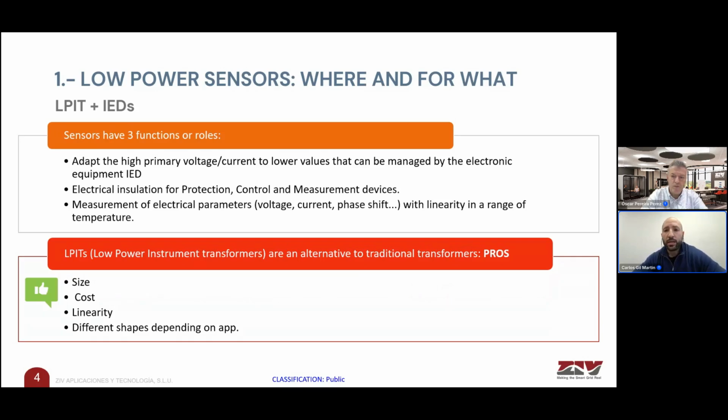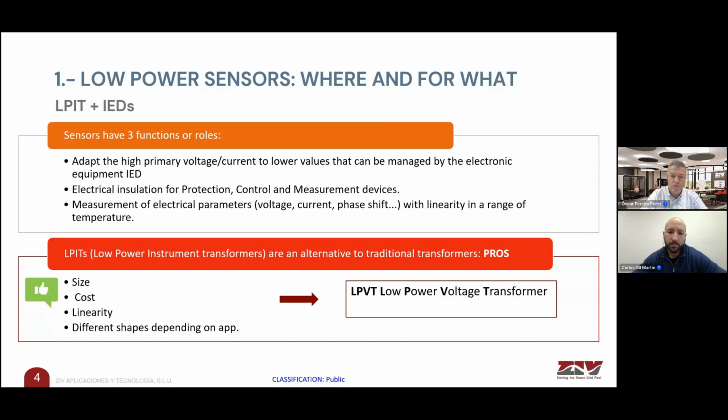And we can supply these low power instrument transformers in different shapes according to the application where they are going to be installed. We have two types. LPVT is the model for voltage measurement, and LPCT is the current transformer.